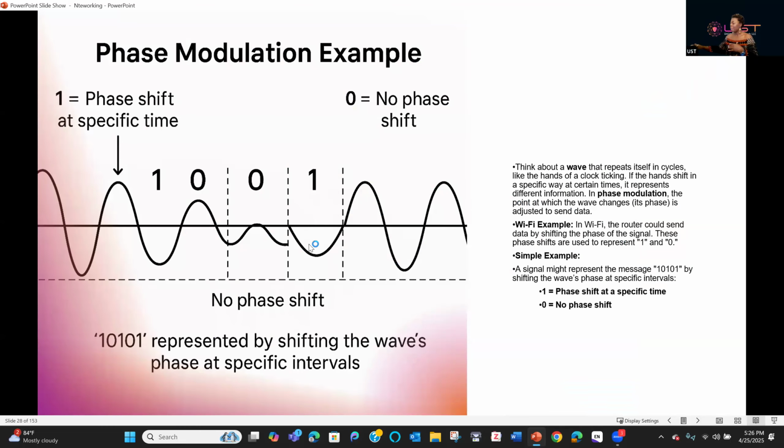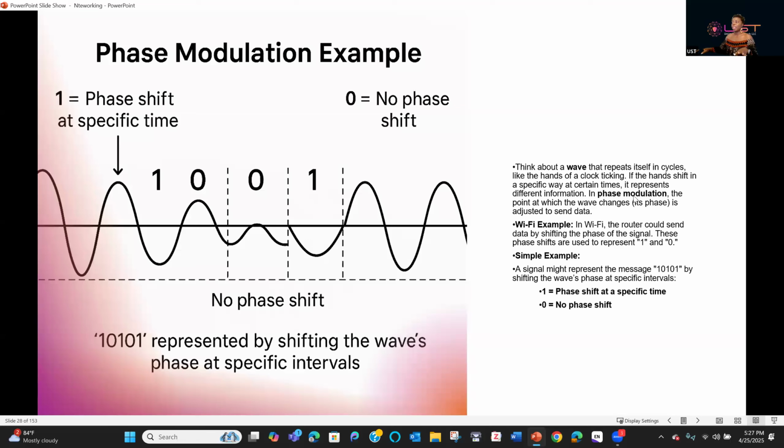I believe this covers everything we want to know about modulation. They say, think about a wave that repeats itself in a circle, like the hands of a clock ticking. If the hands shift in a specific way at certain times, it represents different information.